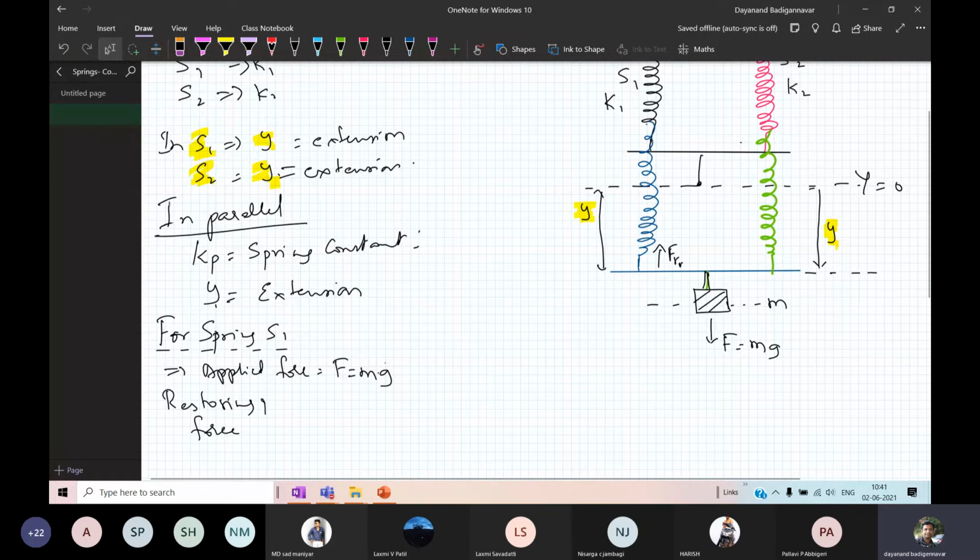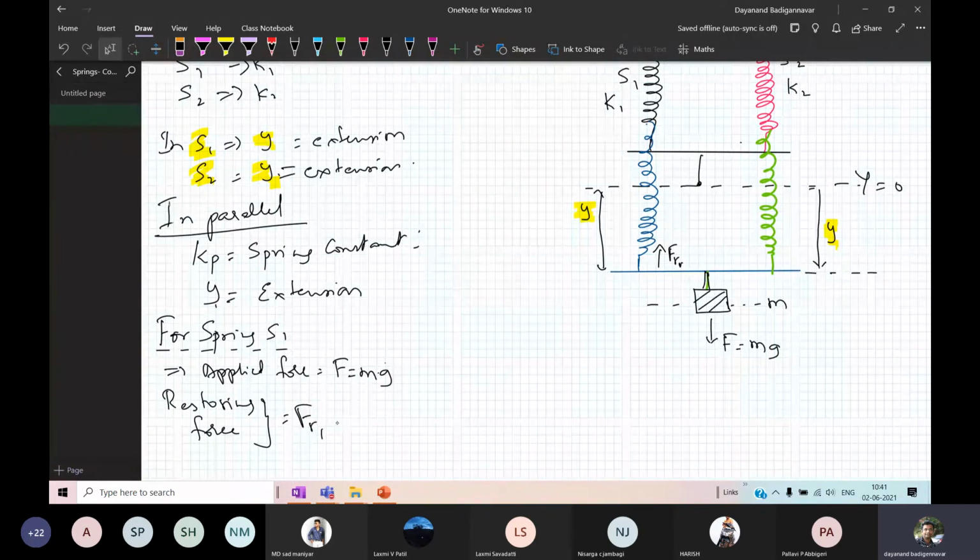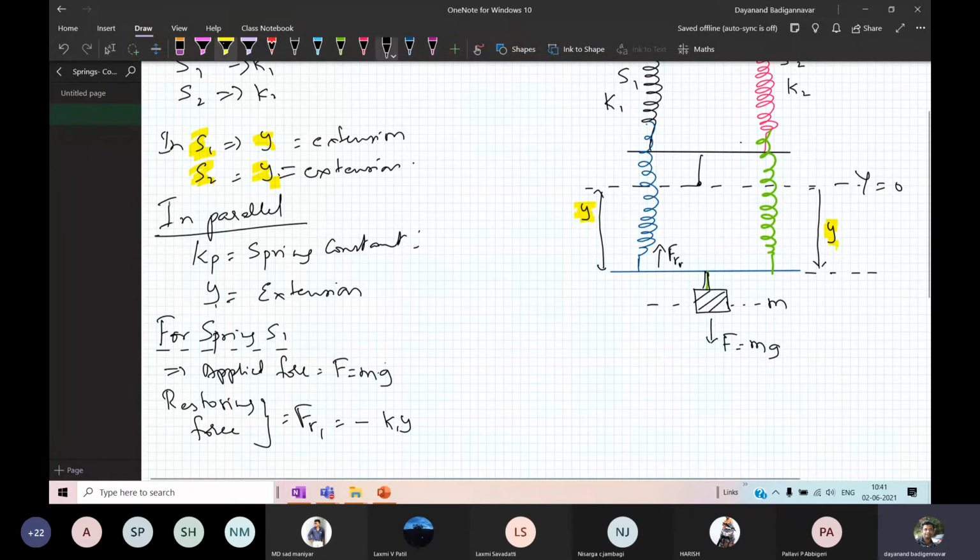If I write the restoring force, that will be equal to FR1, that is equal to minus K1 into Y. K1 is the spring constant of the first spring and the displacement is Y. So this is equation number 1. It's comparably simpler than the previous one. I'll take it as equation number 1.